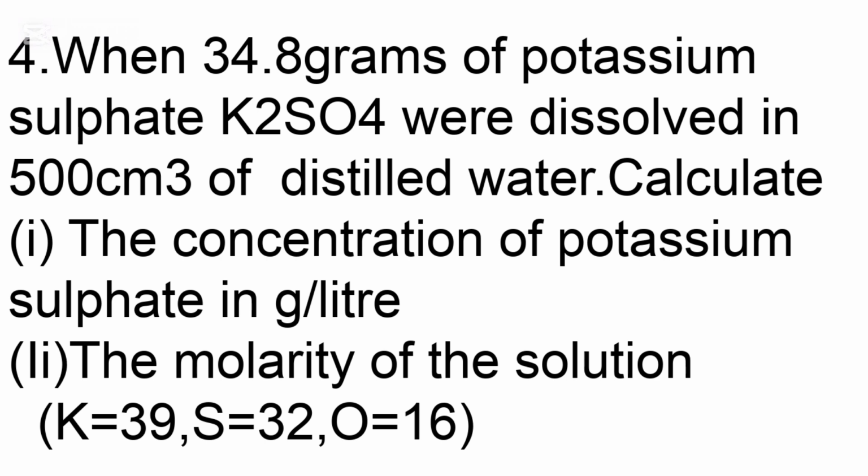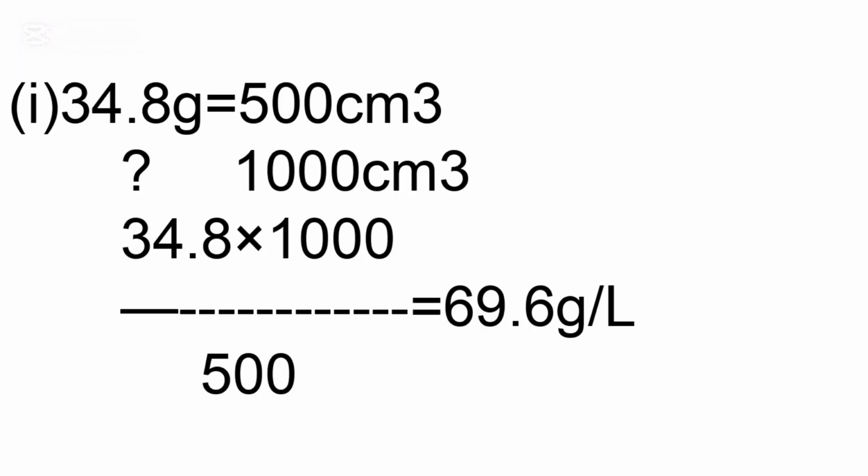Another question. When 34.8 grams of potassium sulfate were dissolved in 500 centimeters cubed of distilled water, calculate, Roman 1, the concentration of potassium sulfate in grams per liter, and Roman 2, the molarity of the solution, given the RAM of potassium is 39, sulfur is 32, oxygen is 16. So we shall say 34.8 grams were dissolved in 500 centimeters cubed.